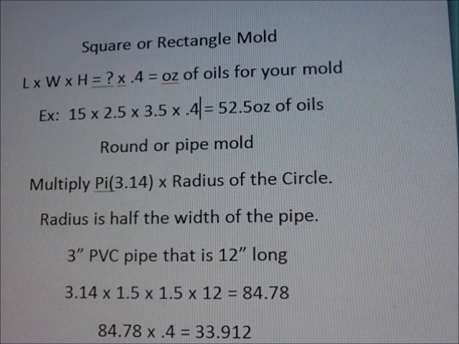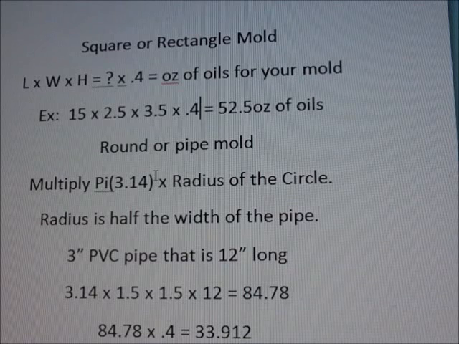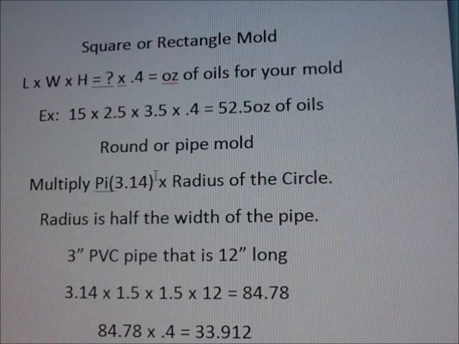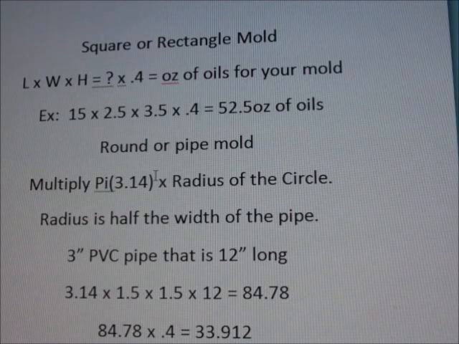Okay, for a round pipe, like a PVC pipe or a round mold, what you're going to do is multiply pi, which is usually 3.14, times the radius of the circle. Now first, what you've got to do is figure out the radius of the circle. The radius is half the width of the pipe.